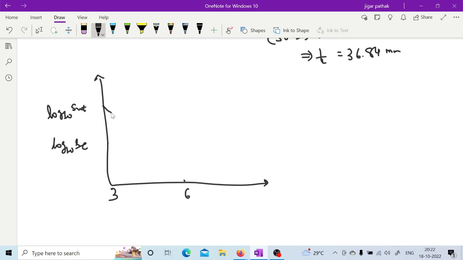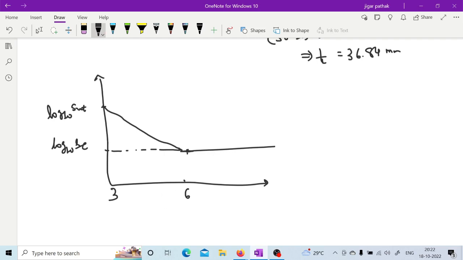So this way, first you need to plot this graph, and then you see whatever data is given to you, and start calculating whether the number of cycles is provided or the stress is provided.